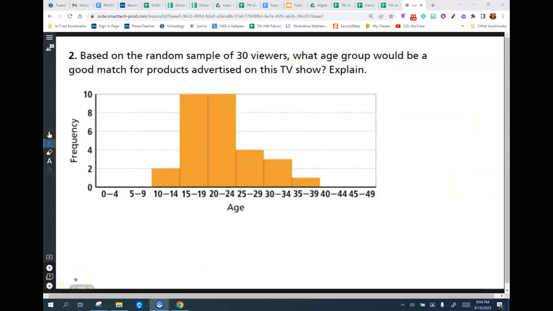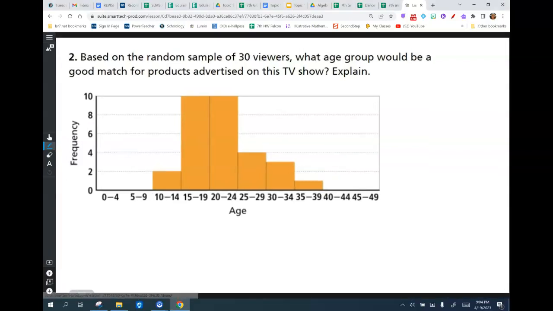Now here is a beautiful histogram of what we just created, but we need to know how to draw them. The other thing is we need to be able to understand and interpret the data. So again, the same information, 30 viewers, what age group would be a good match for the products? You would say from 15 to 24, the ages of 15 to 24.